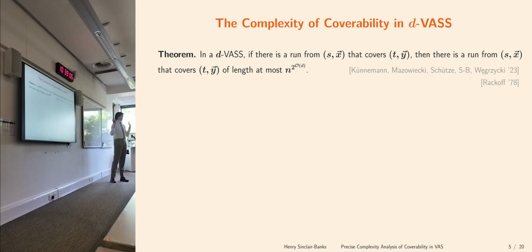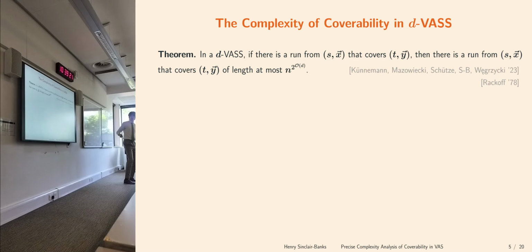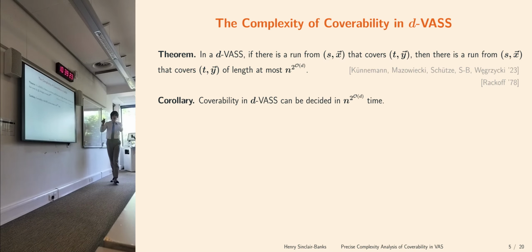When I say short enough, it's double exponential, n to the power of 2 to the power of a constant times d. The constant hidden by this O is actually not so bad. The reason there are 2 citations here is that Rackoff had n to the d, and we have n to the 2 to the d. And this immediately yields a double exponential time algorithm for solving coverability.